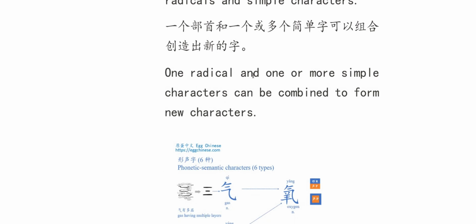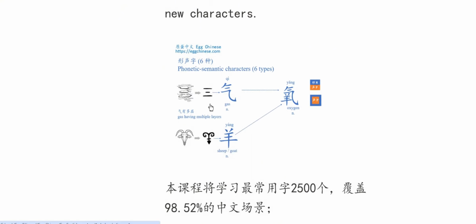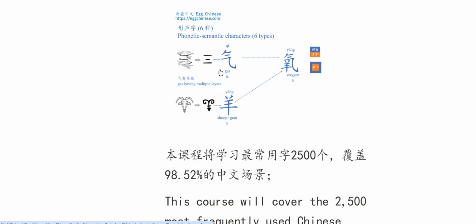One radical and one or more simple characters can be combined to form new characters. For example, this character, first of all, we have this character as a radical.